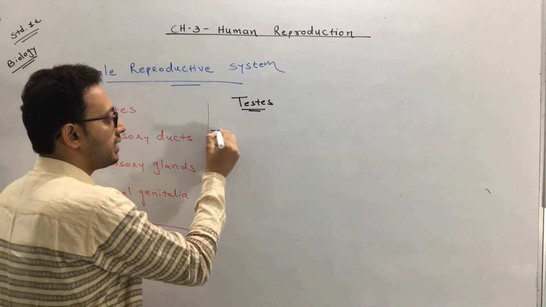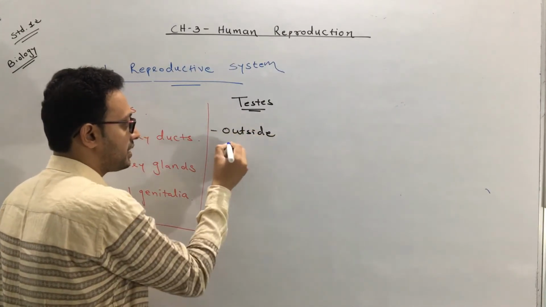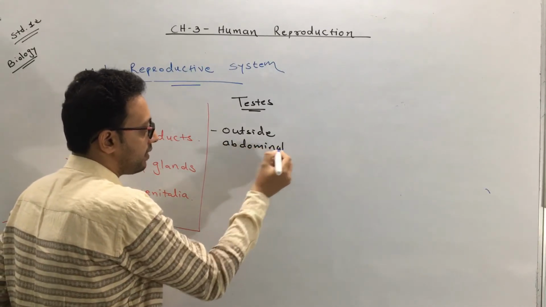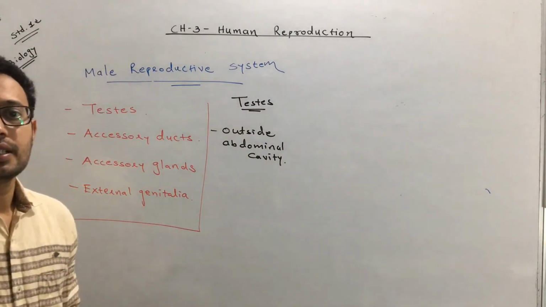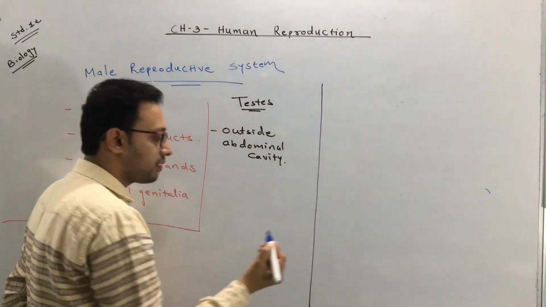Where are they present? You already know where they are present. They are present outside the abdominal cavity. This is their location. Testes are present outside the abdominal cavity.